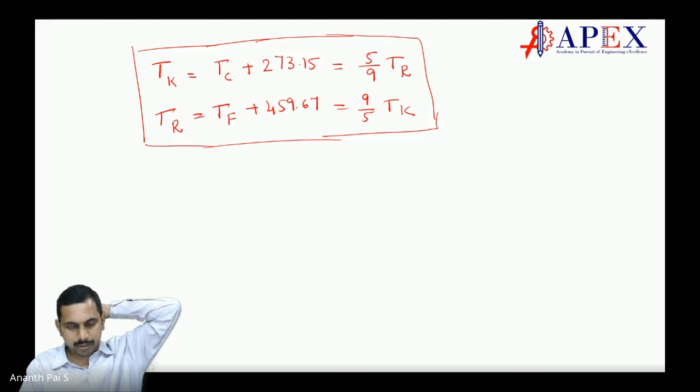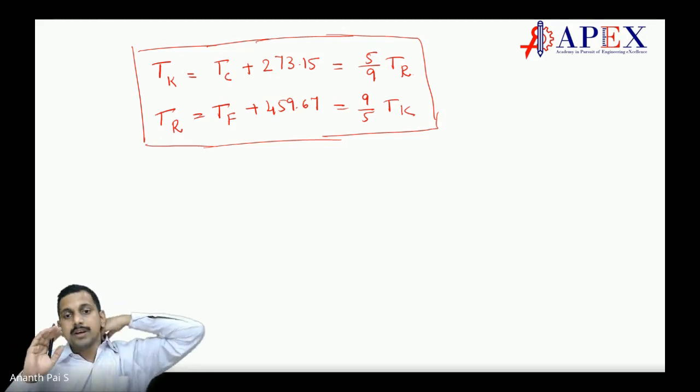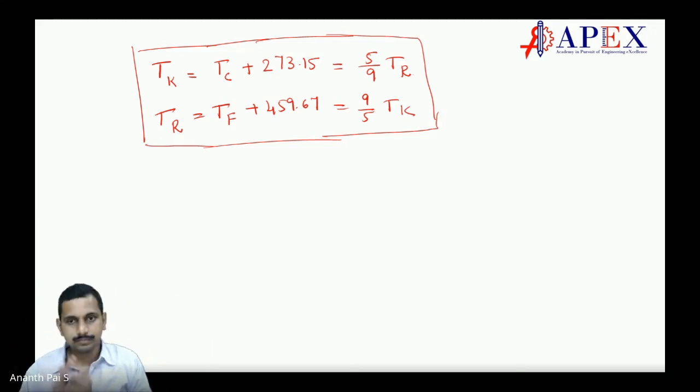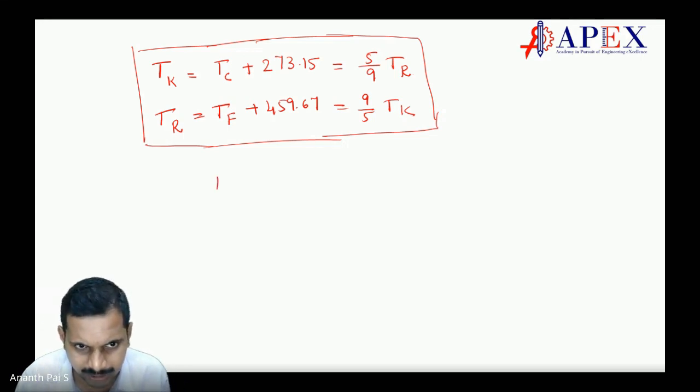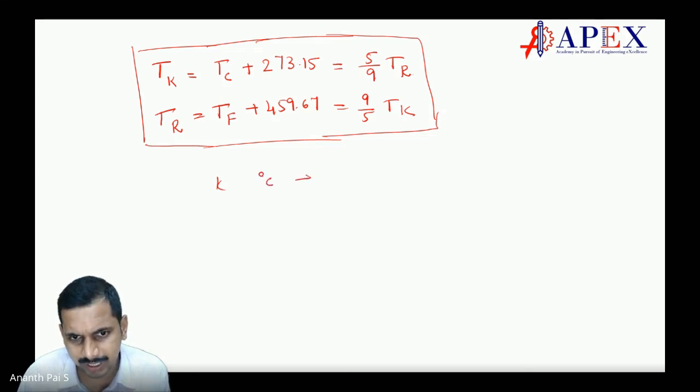This is used to convert from Fahrenheit to Kelvin, because Americans are really stubborn people. They don't want to change from Fahrenheit to degree centigrade. Kelvin and degree centigrade are SI units. But we are also stubborn. We say, what is the temperature? 98.